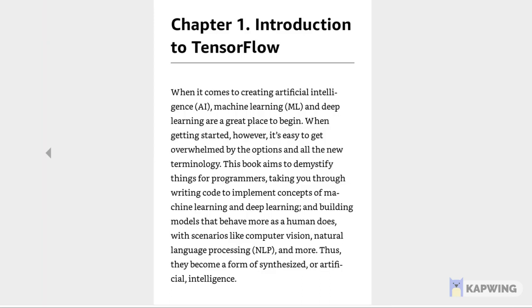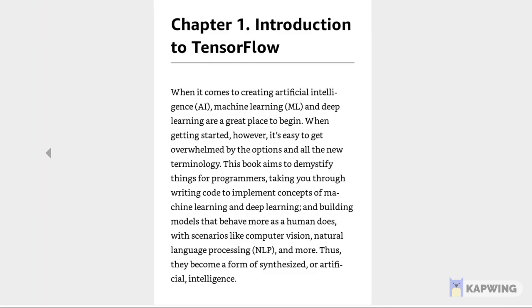This book aims to demystify things for programmers, taking you through writing code to implement concepts of machine learning, deep learning, and building models that behave more as a human does, with scenarios like computer vision, natural language processing, and more.